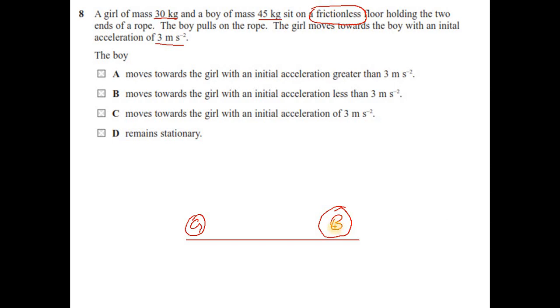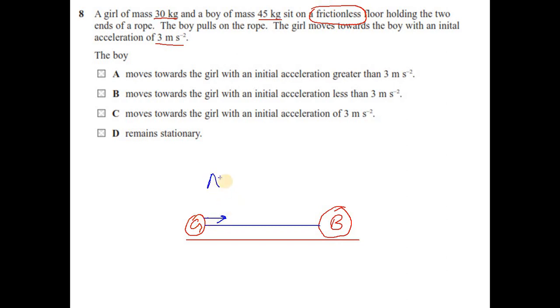The boy has a higher mass and both are holding the ends of the rope. So the boy is pulling the rope and the girl moves towards the boy. So that means the boy is pulling the girl, due to which the girl moves towards the boy.